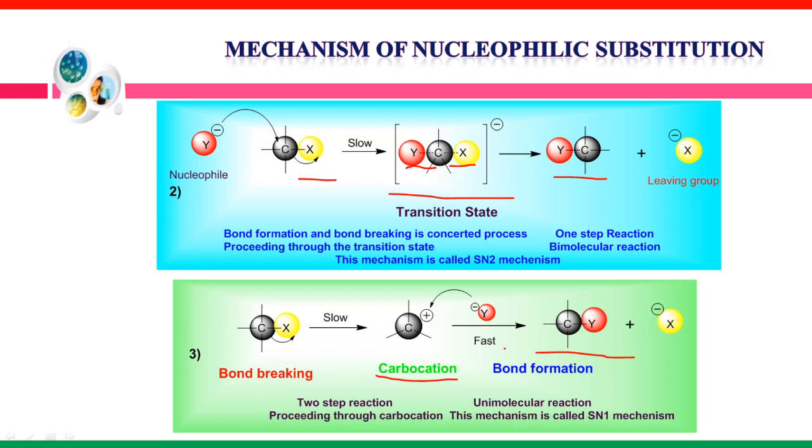This mechanism is a two-step mechanism proceeding through the carbocation intermediate. This mechanism is called the SN1 mechanism. Out of the three mechanisms, the first is not possible due to formation of an intermediate in which the carbon atom makes 5 bonds, but the second, the SN2 mechanism, and the third, the SN1 mechanism, are possible mechanisms for nucleophilic substitution reaction.